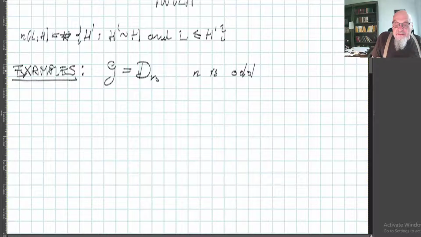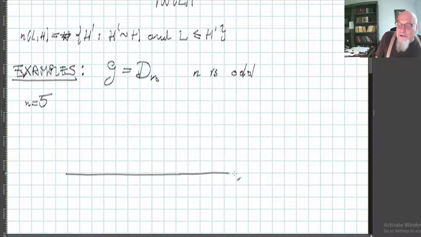So maybe let's make a picture of what we are talking about. So n, for example, and this is odd, so I take 5. 5 seems to be odd, and that means we have here a polygon.